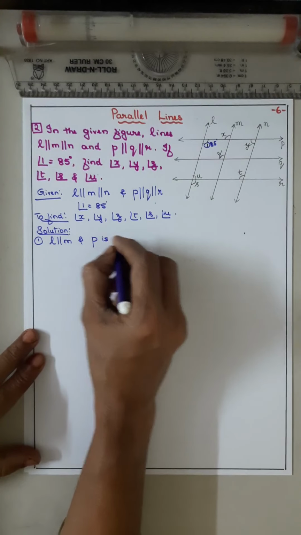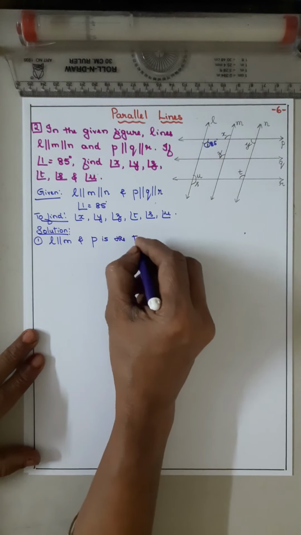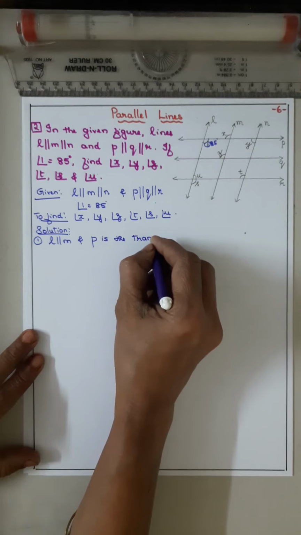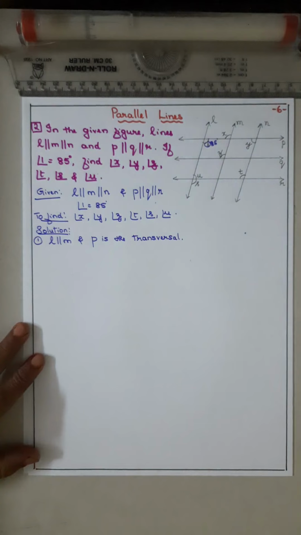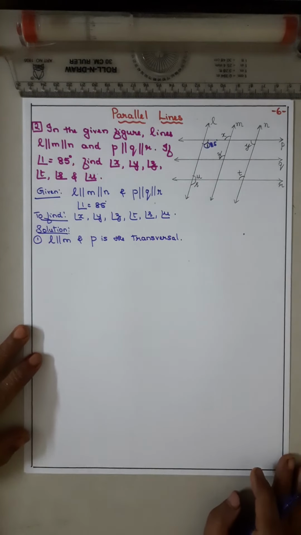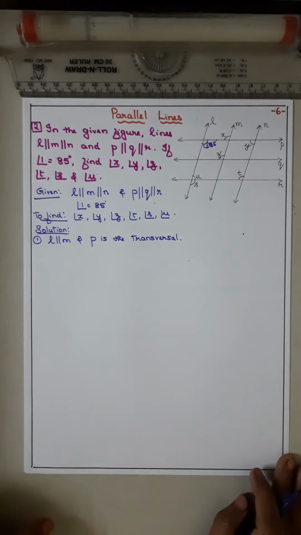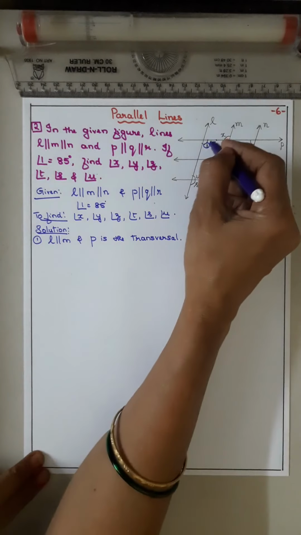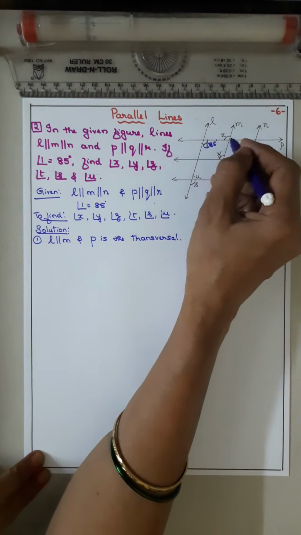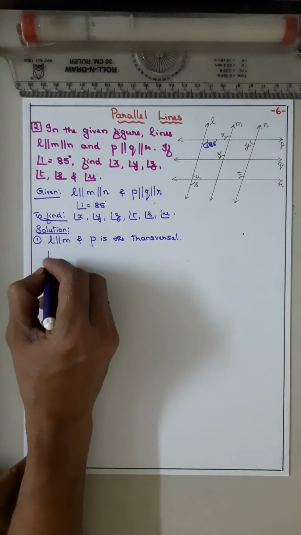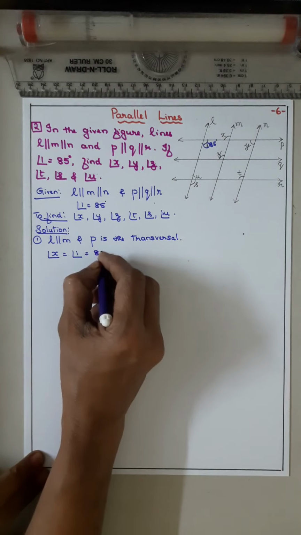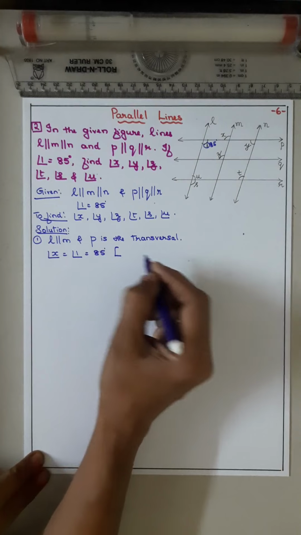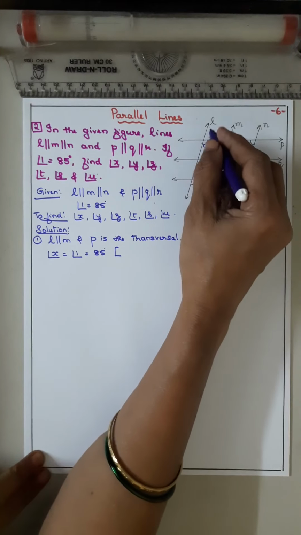P is the transversal. When you state which lines are parallel and which is the transversal, it is easy for you to understand. So angle X is equal to angle 1, which is 85 degrees.